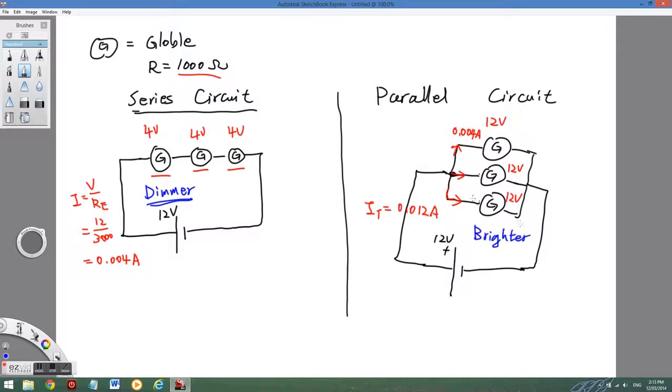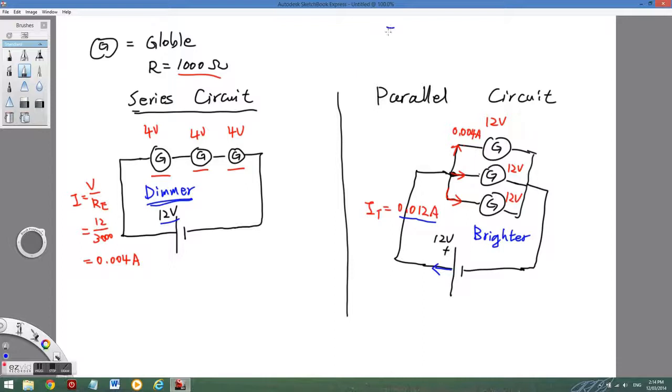As a result, because we use more current, while the power supply is the same, 12 volt, in the parallel circuit we use more current from the power supply. So the three globes connected in parallel draw more energy, more power.